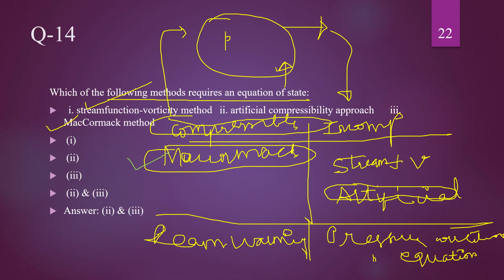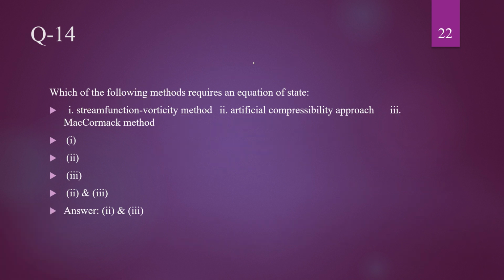So the McCormack method requires an equation of state, and the artificial compressibility method requires an equation of state, whereas the stream function vorticity method does not require an equation of state. In a similar way, the pressure correction and pressure equation methods do not require it, and the Beam-Warming method again requires it. So the answer to this is: stream function vorticity method is wrong, artificial compressibility approach is right, and McCormack method is right.